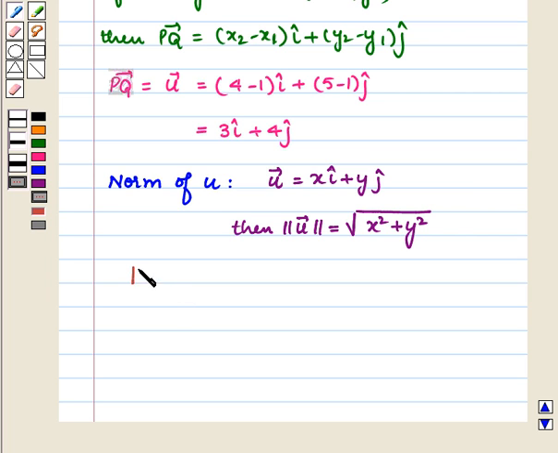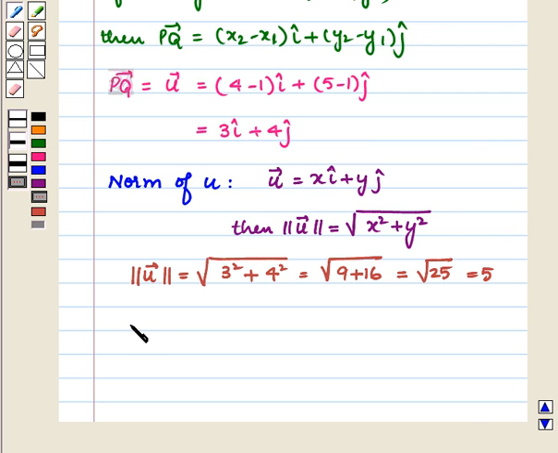Therefore, here norm of the vector u will be equal to under root of 3 square plus 4 square, which is equal to under root of 9 plus 16, which is equal to under root 25, that is equal to 5. Now, since norm of u is not equal to 1, therefore vector u is not a unit vector.